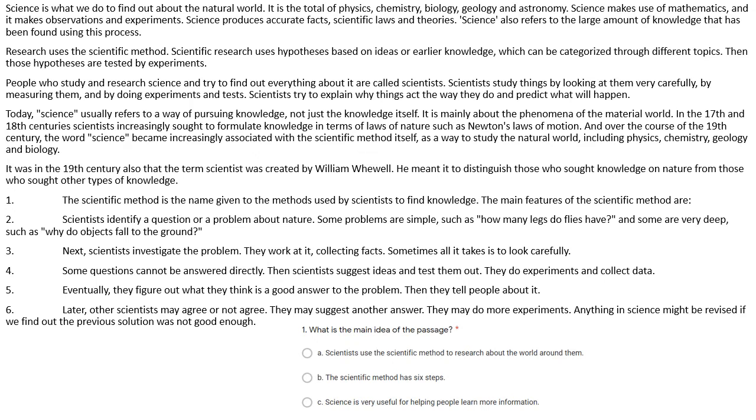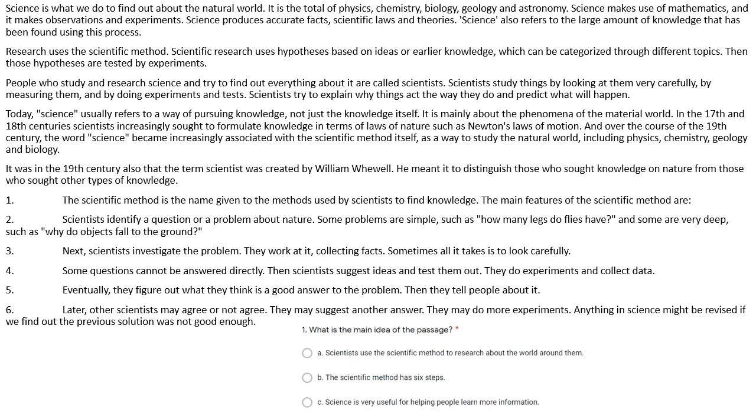Now, what is the main idea of the passage? We always need to look at the answers first. A, scientists use the scientific method to research about the world around them. B, the scientific method has 6 steps. C, science is very useful for helping people learn more information.